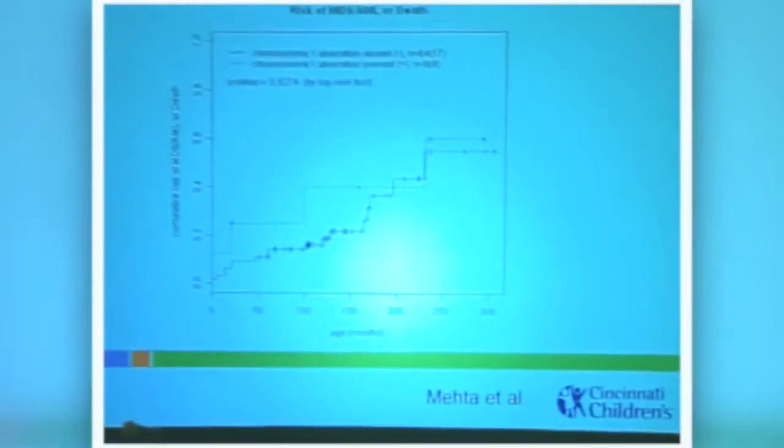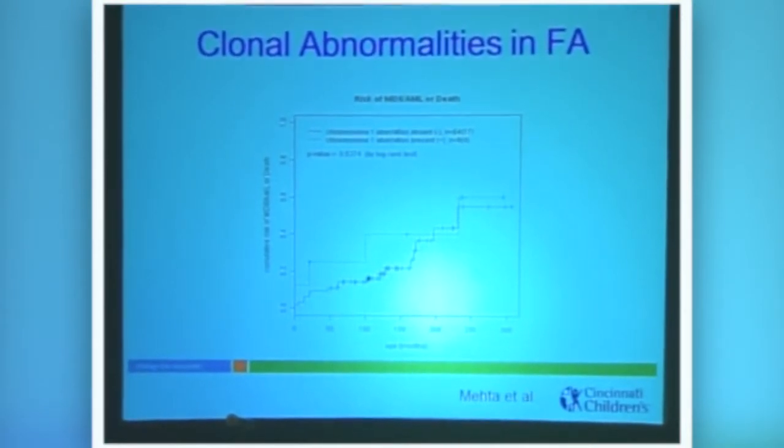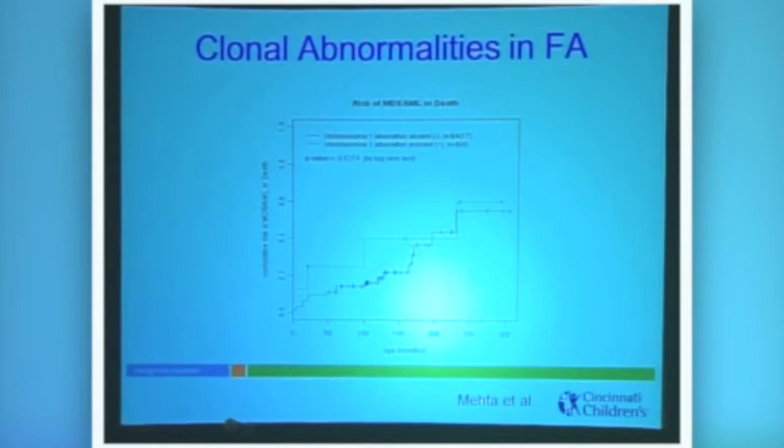Again, the clonal abnormalities I mentioned before are the common chromosomal abnormalities seen in patients with FA. Chromosomes 1, 3, and 7 are the most common abnormalities seen. This was our data from Cincinnati that we had reviewed, looking back at what our patients showed. The point I'm trying to make is that having a clone doesn't necessarily mean that it's bad.